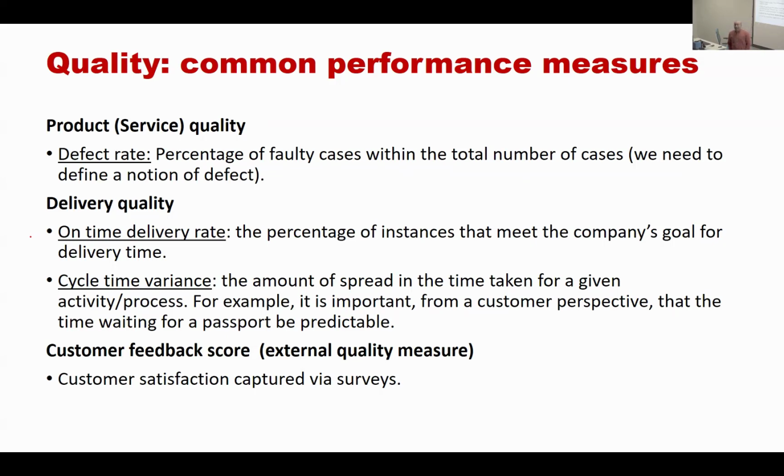That could be, for example, that the cycle time of the process must be less than 2 days between the moment a ticket arrives in the IT help desk and the moment it is resolved. No more than 2 days. And in a typical IT help desk, I'm going to have performance targets, like, it should be the case that at least 95% of tickets are completed in less than 2 days.